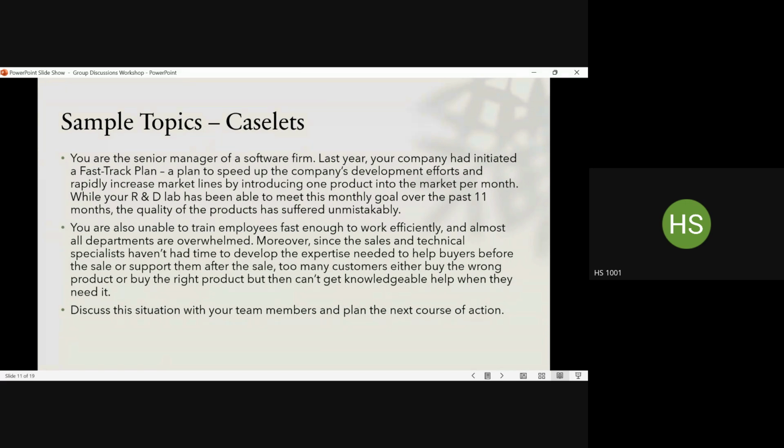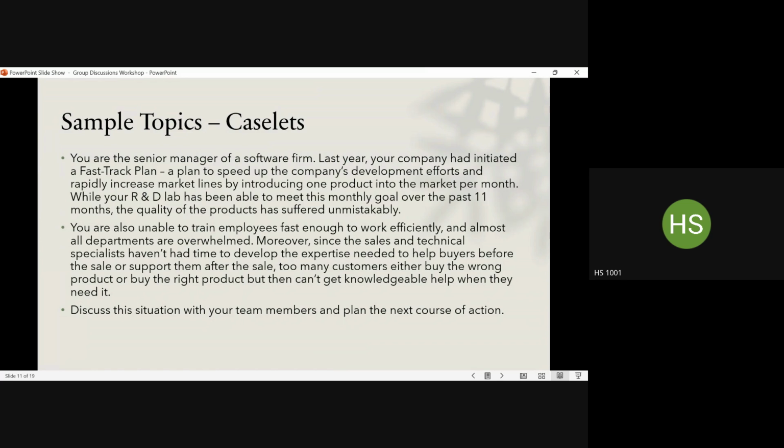You are the senior manager of a software firm. Last year, your company had initiated a fast track plan, a plan to speed up the company's development efforts and rapidly increase market share by introducing one product into the market per month. While your R&D lab has been able to meet this monthly goal over the past 11 months, the quality of the products has suffered unmistakably.